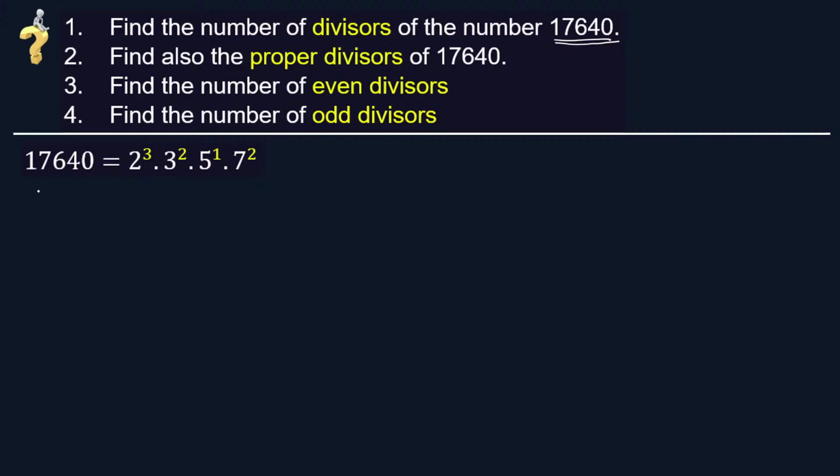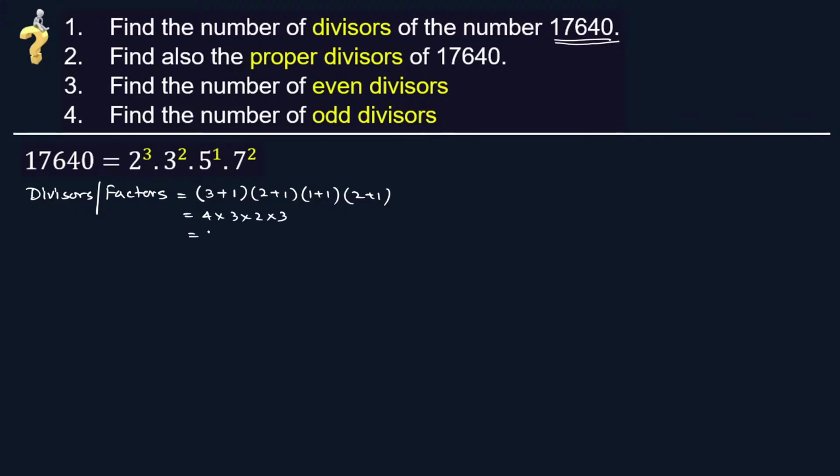Now if they ask how many divisors or factors there are, you will simply say the total number of divisors will be 3 plus 1, that gives us 4, into 3 into 2 into 3.